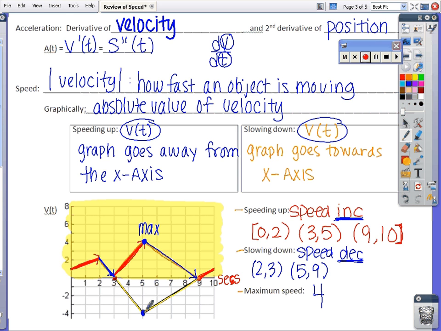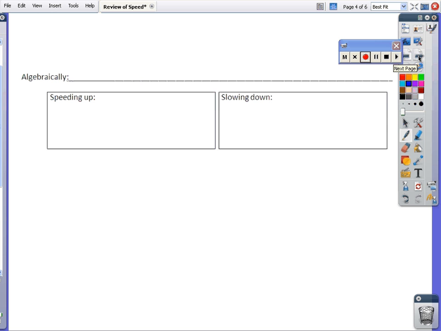And we're going to look at algebraically what speed is. So algebraically, you will need the velocity and acceleration. So even though the question is asking about speed, oddly, you have to use two functions to describe speed algebraically. Graphically, we really only needed the velocity.